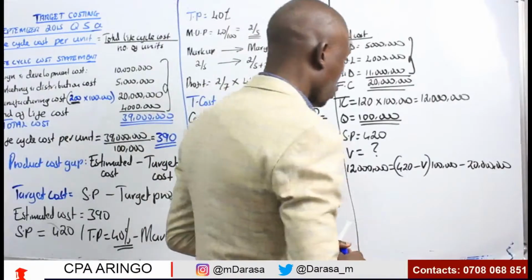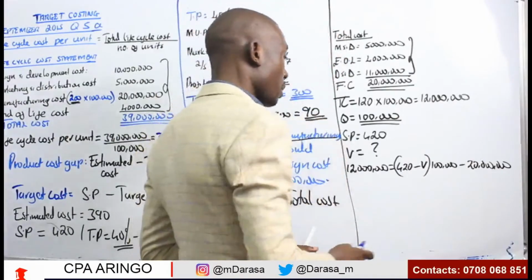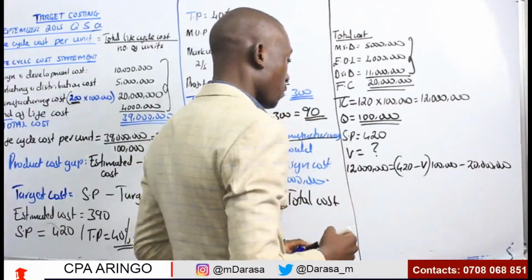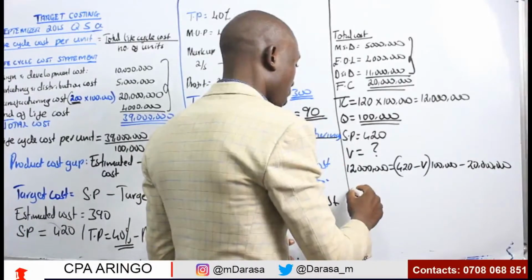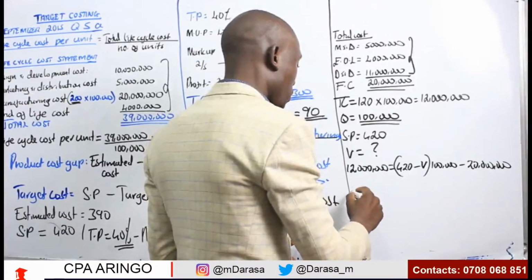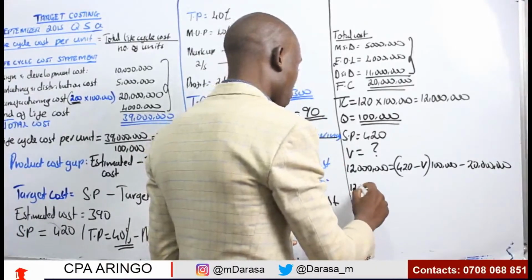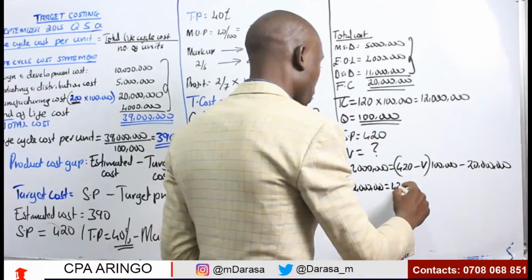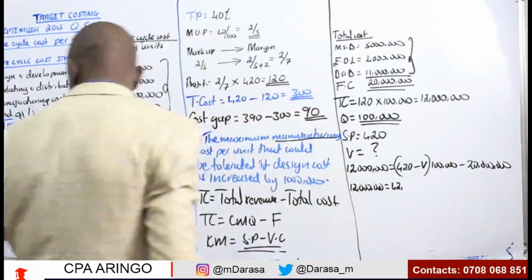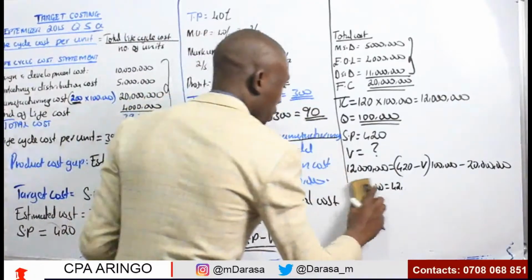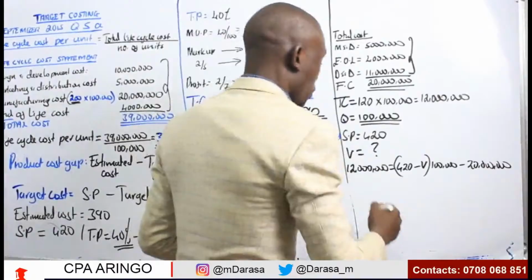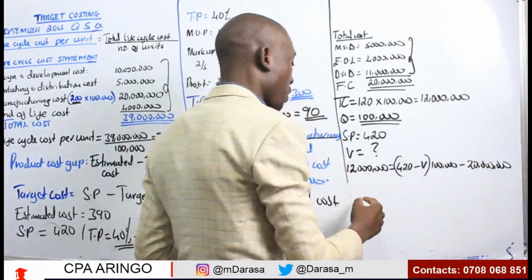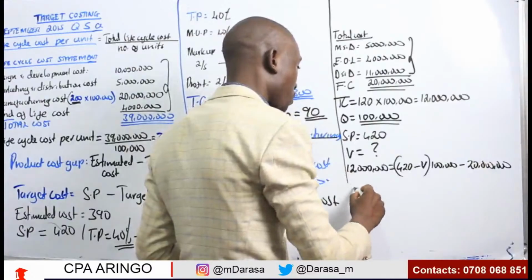If we bring 20 to this other side, we should be talking of 12 million. Or let's just work it out simply so that we are very quick. So I should be talking of 20 million. If it crosses to the other side, you should be having positive, right? So you're talking of 32 million.